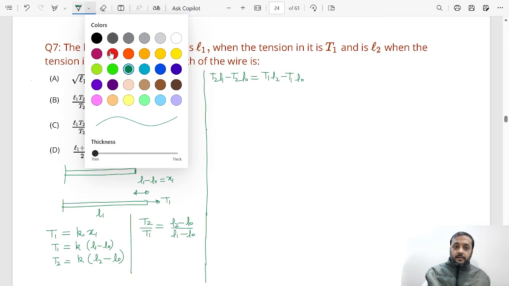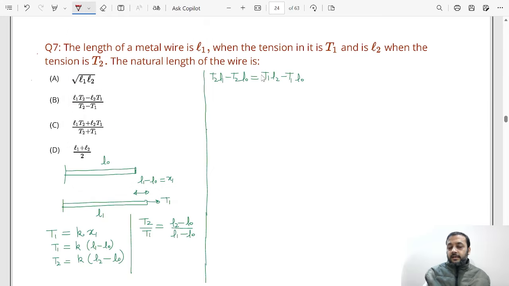Now you can take L0 terms on one side and the remaining terms on the other side. So this becomes T2 L1 minus T1 L2, and then taking L0 common, this becomes T2 minus T1. So the value of L0 becomes T2 L1 minus T1 L2 divided by T2 minus T1.